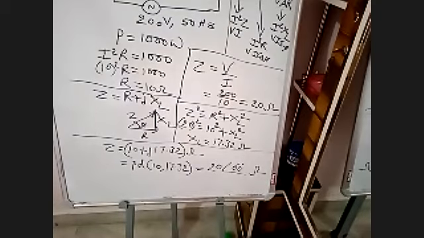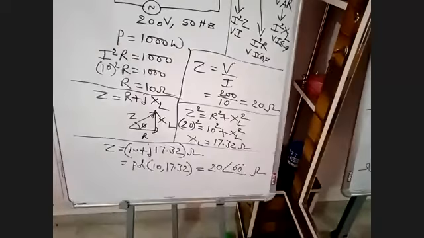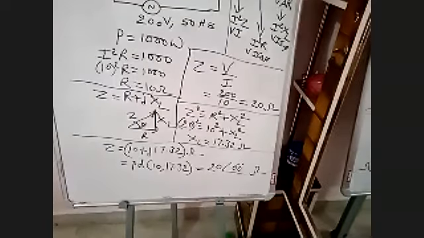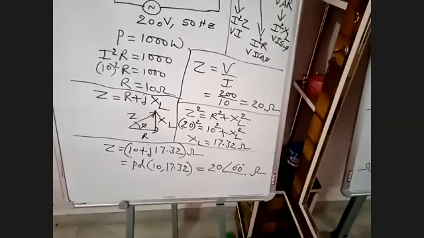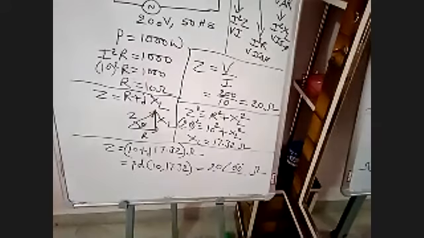Yes, sir. Okay. 10 comma 17.32. Yes, sir. R is equal to 19.99, theta is equal to 60. 59 it's given. Okay, 59 means approximately 60.